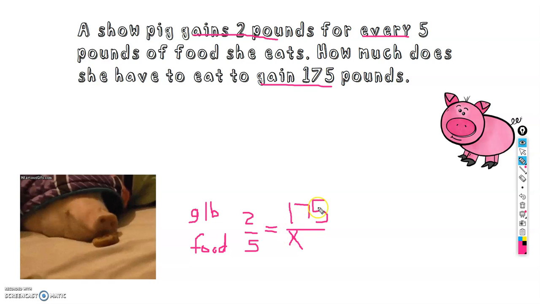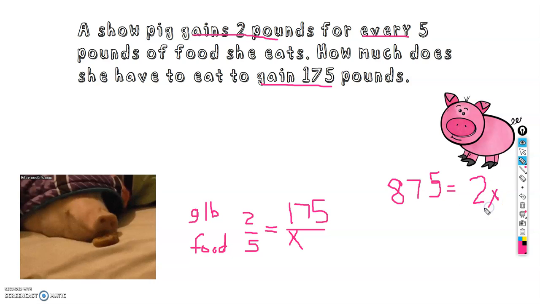So we'll just go ahead and solve it with our cross products. Multiply, divide by the odd man out. Multiply 175 times 5 should give me 875. When I use my cross products the other way, well, that should be a 5, guys. When I do my cross products the other way, I have a 2x.